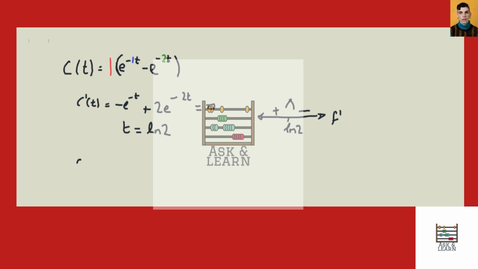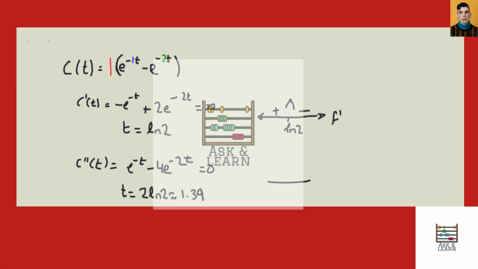And then C double prime, to look at concavity, C double prime of t, we're going to get e to the negative t minus 4e to the negative 2t. If we set that equal to 0, we're going to see t equals 2 ln 2, which is approximately 1.39.